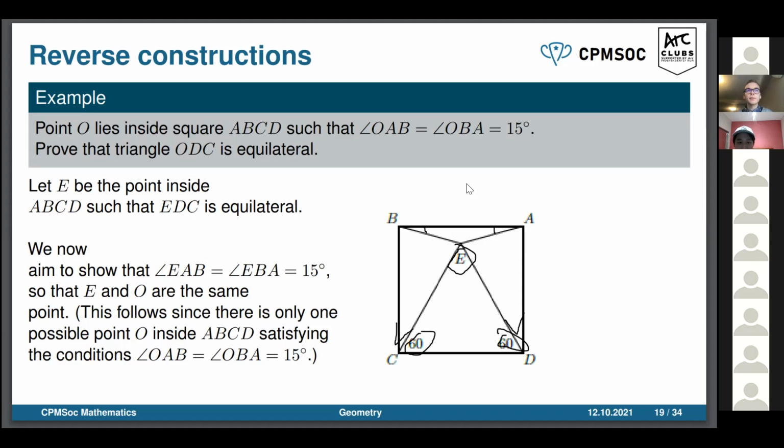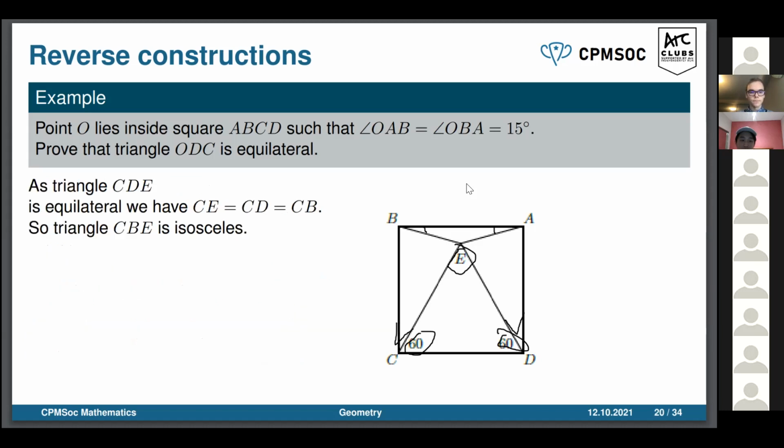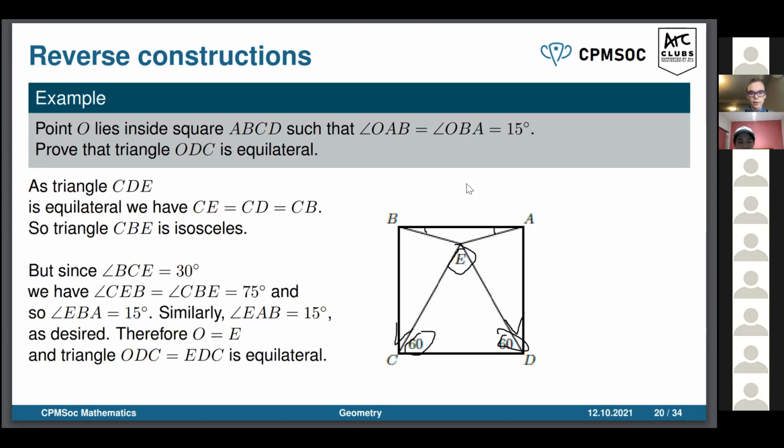And so because there's only one point in here that forms a 15-15 triangle with these points AB, that point is E. But we also know that point is O, because that's what we assumed about O. And so by introducing this new point E that has the property we want to prove, and showing that it's equal to the point we initially started with, we've shown that the point we started with also has the property because it's the same point.